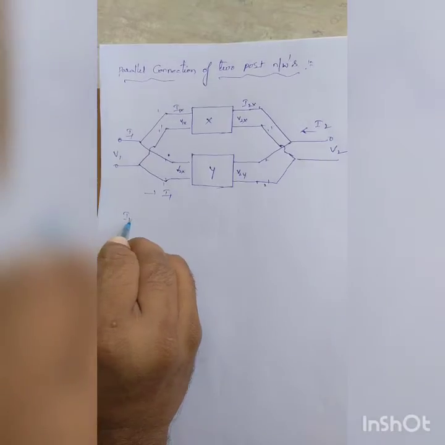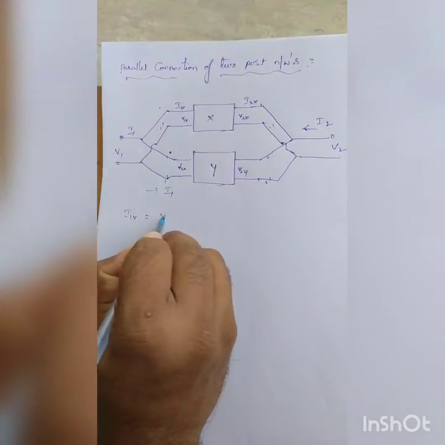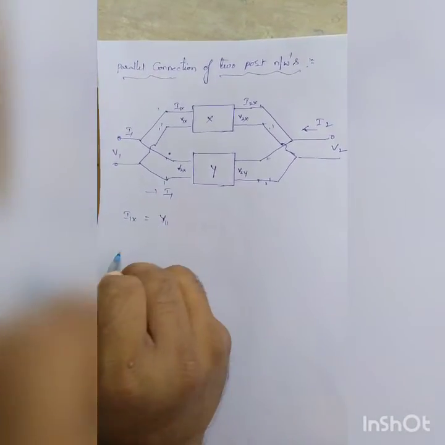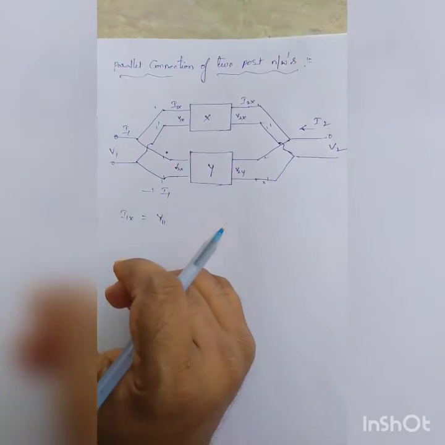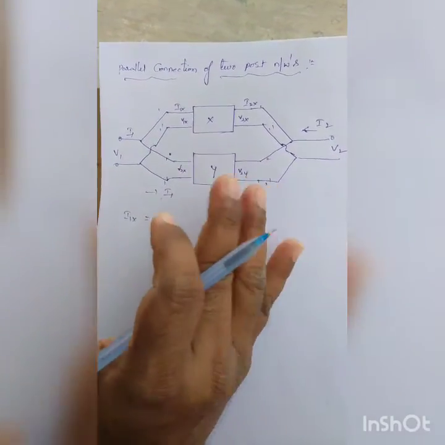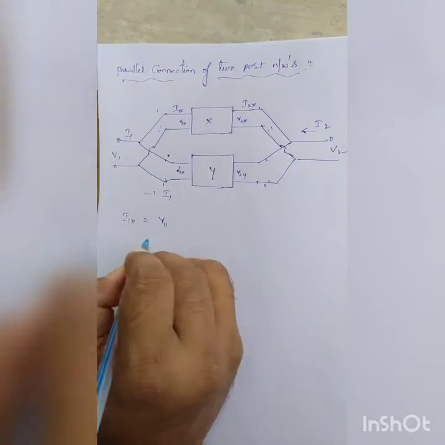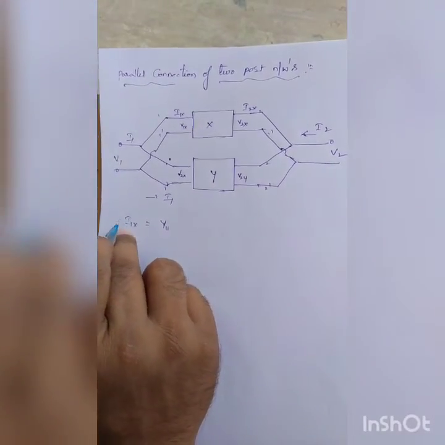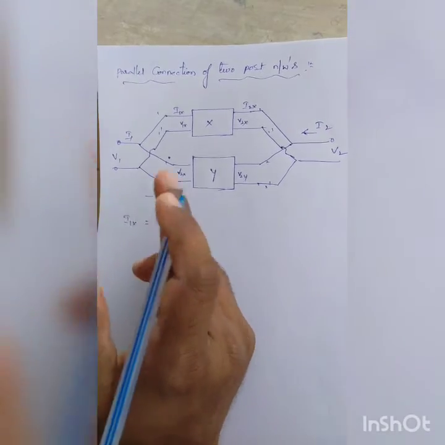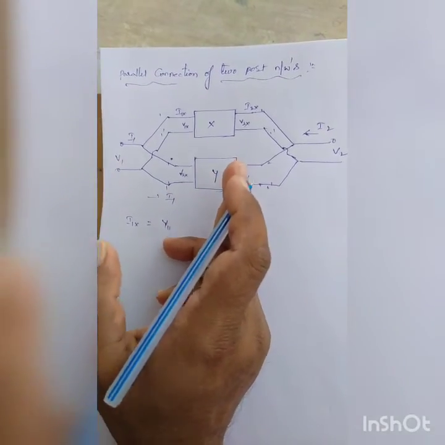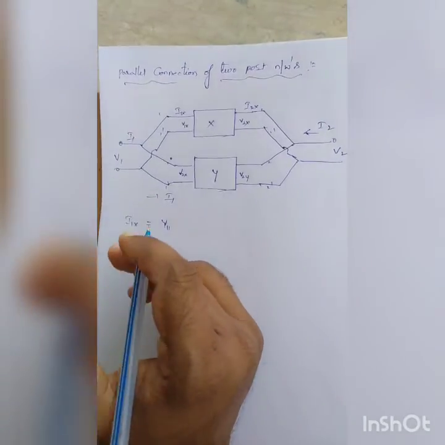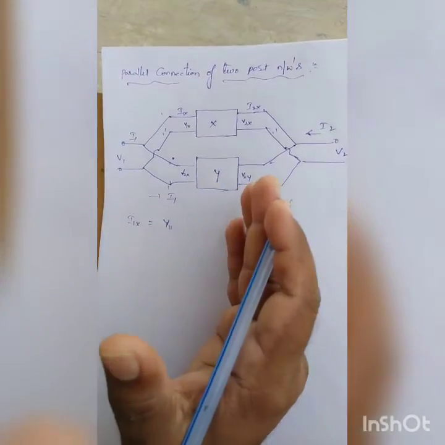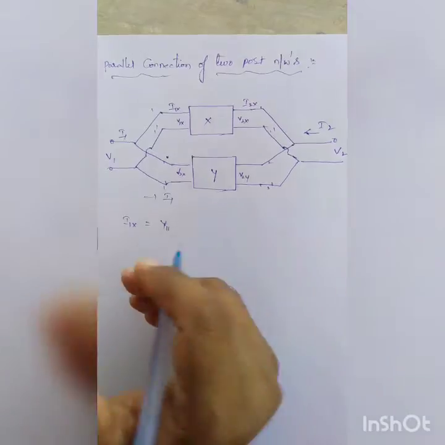Then I1x is equal to the admittance Y11. Why? Because in series connection we take the Z parameters, and in parallel connection we take the Y parameters. In admittance parameters, the I1 and I2 values are the dependent variables and the remaining V1, V2 are the independent variables.